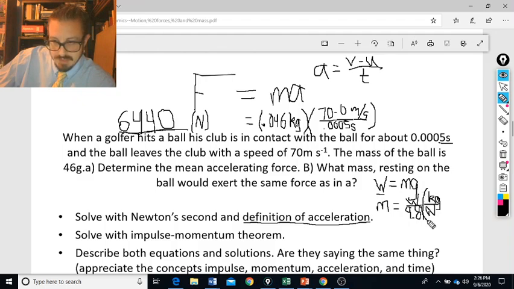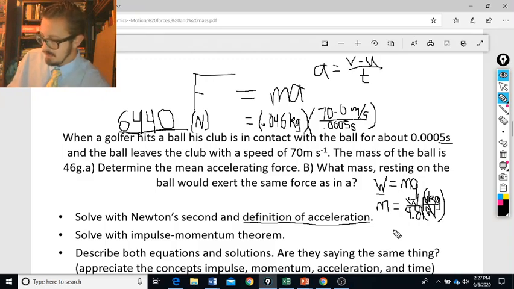Let me remind myself that I'm putting the units here in parentheses. Remember that the weight force is also going to be in newtons, and so newtons is going to cancel out, and we're going to be left in units of kilograms. All right.